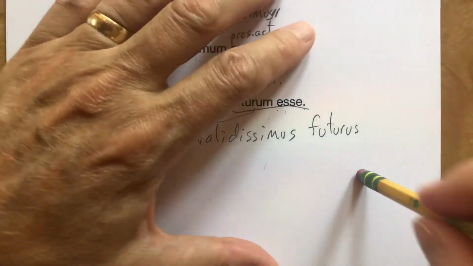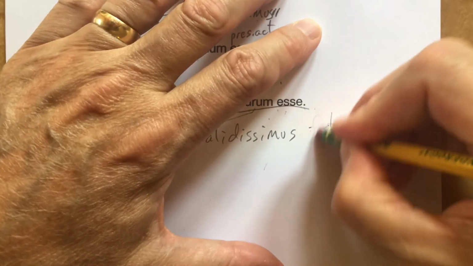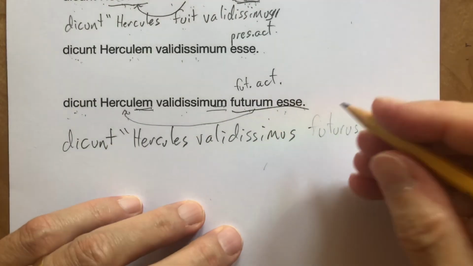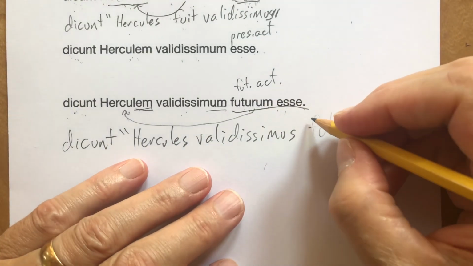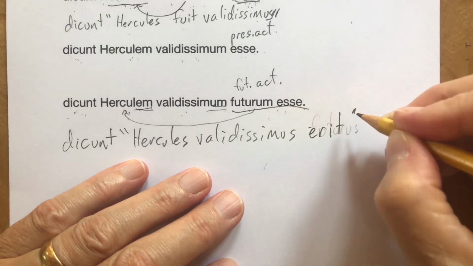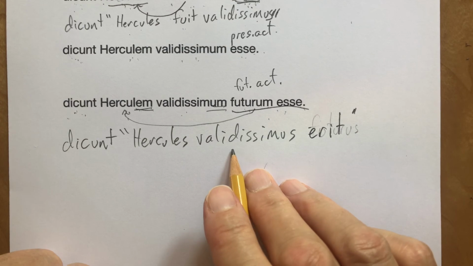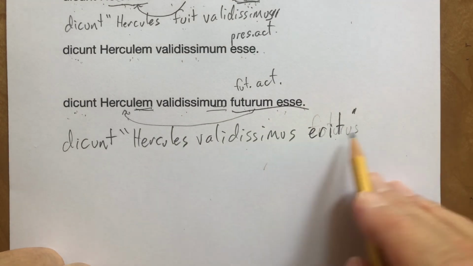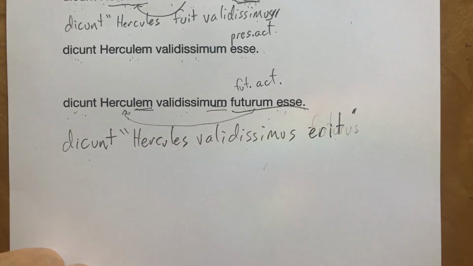Oh, I'm not going to use an infinitive here. I'm thinking crazy. Just use the future active indicative, and that is erit. Remember that one? Hercules erit validissimus. Hercules will be the strongest. In quotes, dicunt, they say.